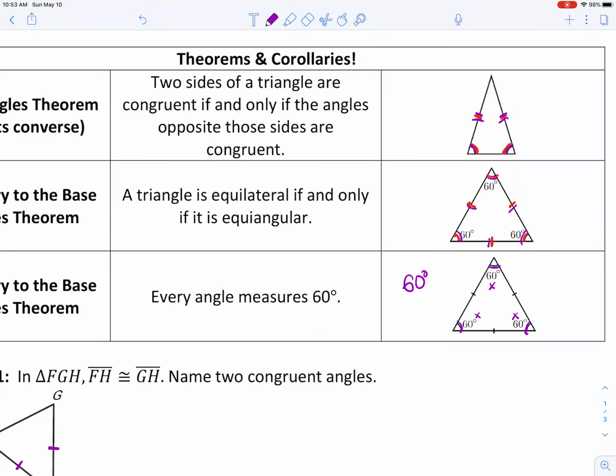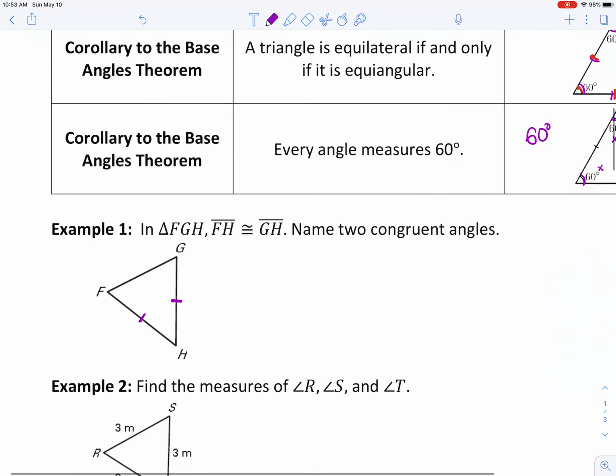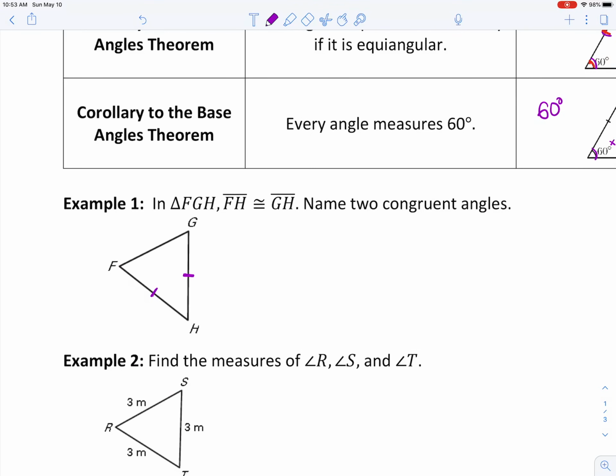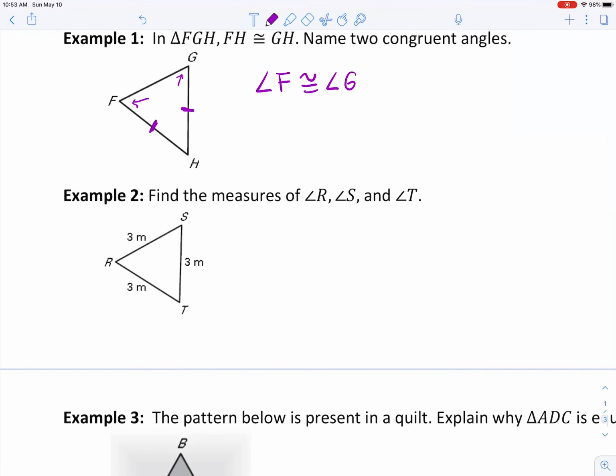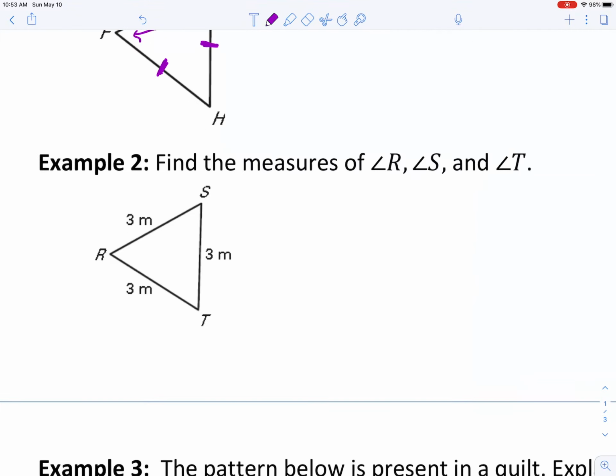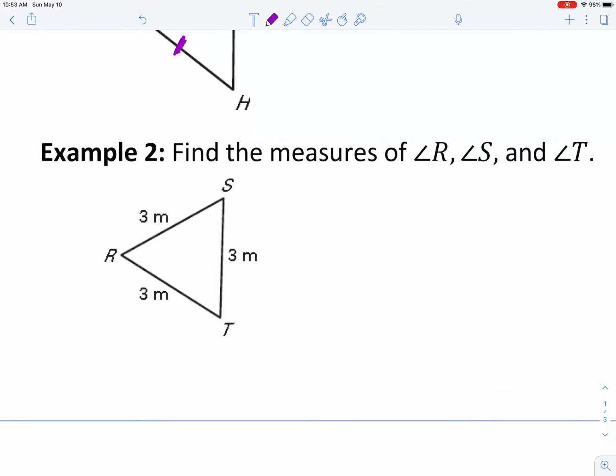Okay, so going back up here, if I know that these two sides are congruent, that means the two base angles are congruent. Okay, so since these two sides are the same, that means that the base angles right here, F and G, are the same. So I'm going to say angle F is congruent to angle G.